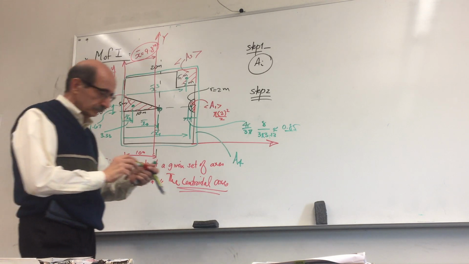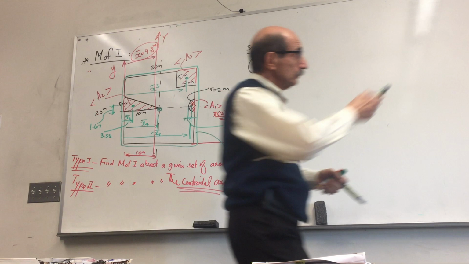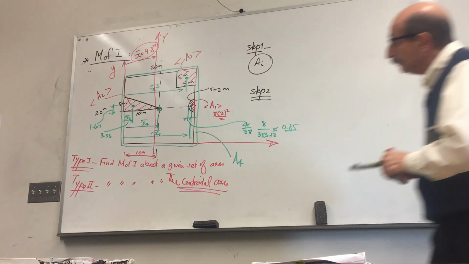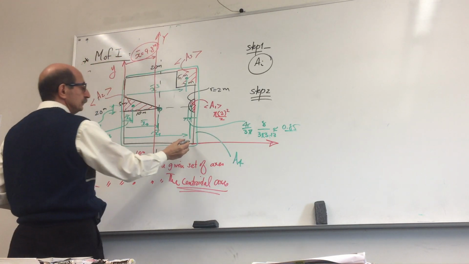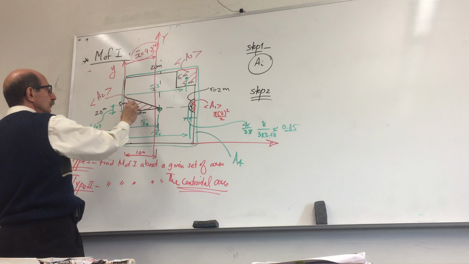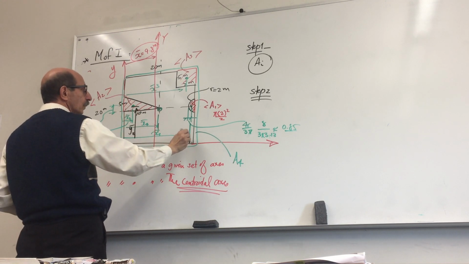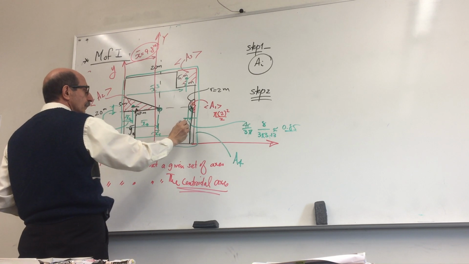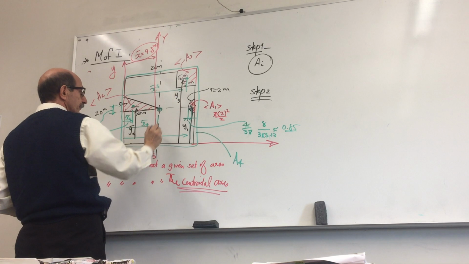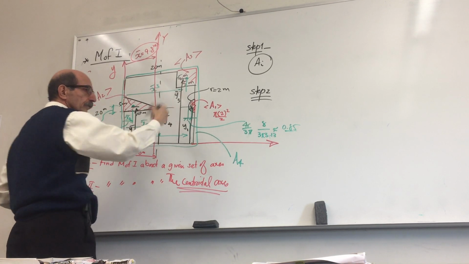To find the X centroidal axis, you need to evaluate these. So Y bar for each shape. This is Y1, this is Y2, this is Y3, and this is Y4.